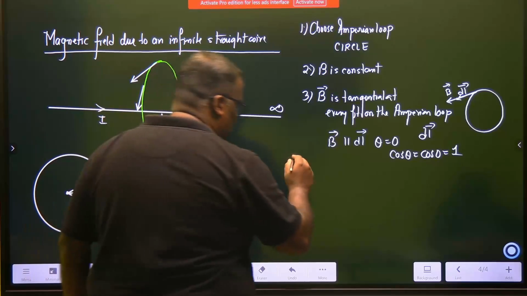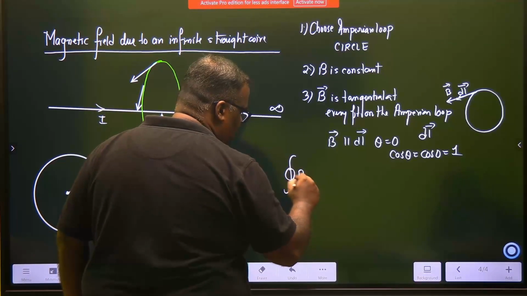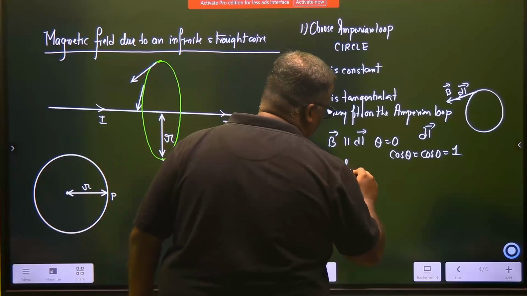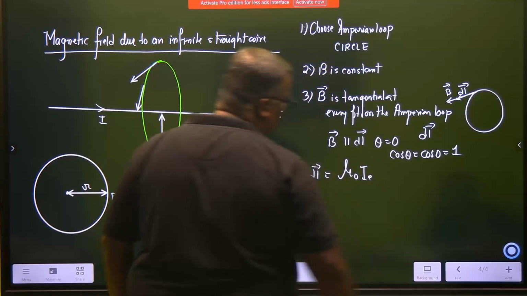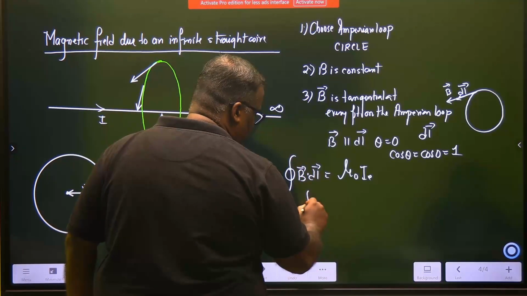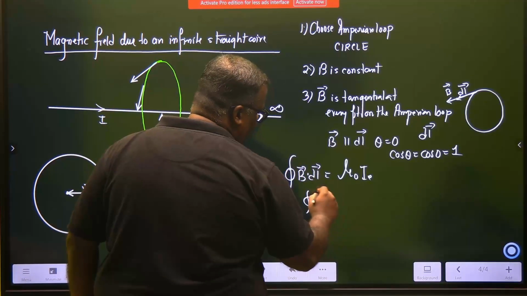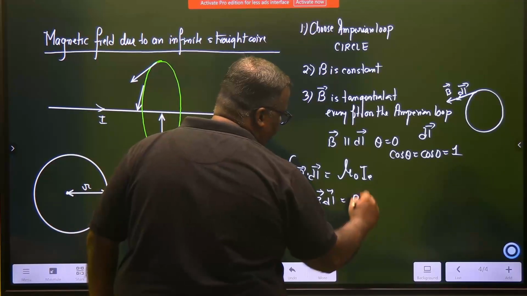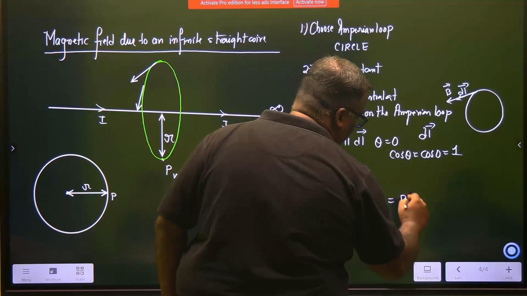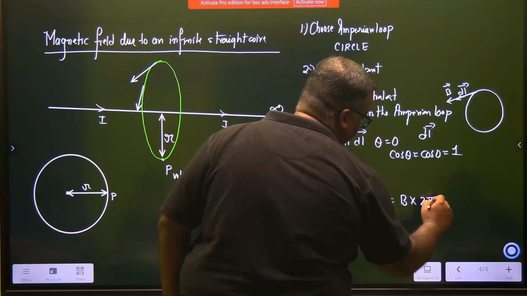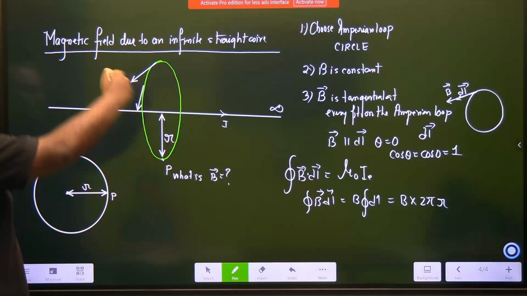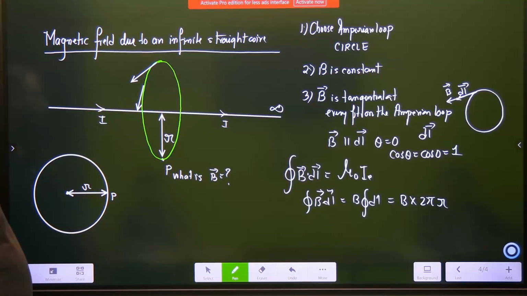So now apply Ampere's circuital law. Integral of B dot dL should be equal to mu naught I enclosed. What is the value of B dot dL? We can take the B outside and do only for dL, which will give me B into 2 pi r. L is the length of the loop. The length of the loop will be 2 pi r.